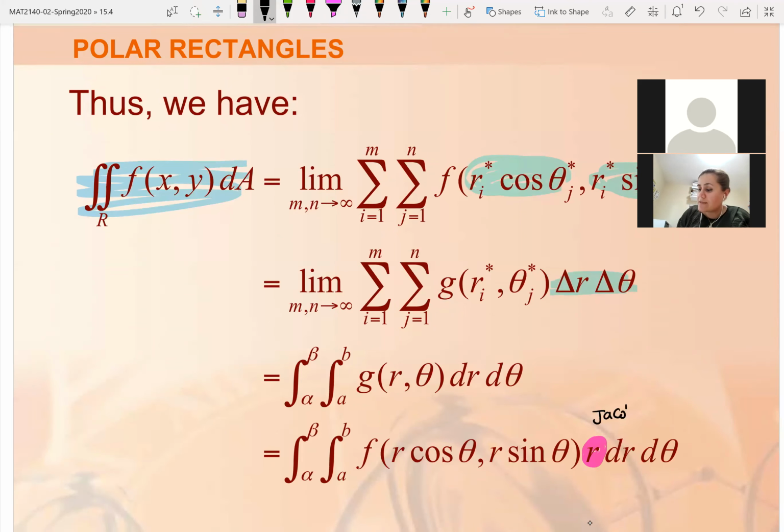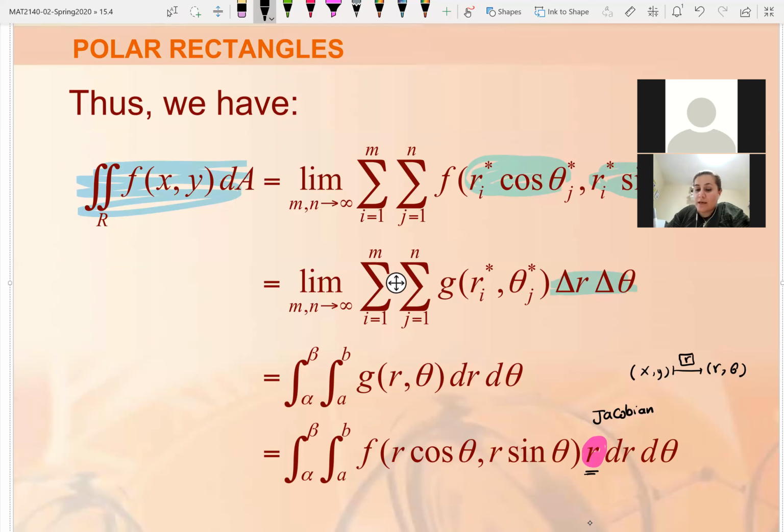Every change of variables from one coordinate system to another has a transformation factor named the Jacobian of that transformation. For us, the transformation started from rectangular coordinates and moved to polar coordinates, and the Jacobian for changing from rectangular to polar is that extra factor of r. So what is the process?